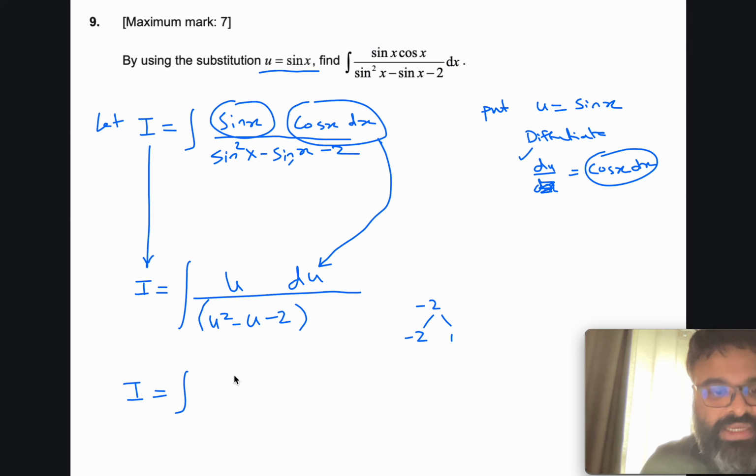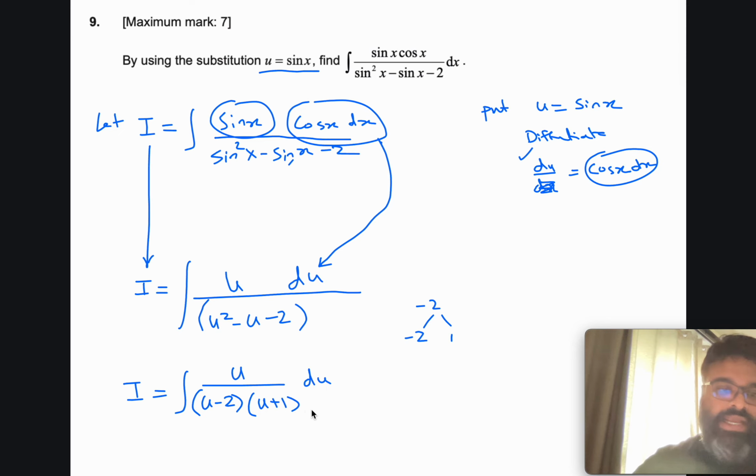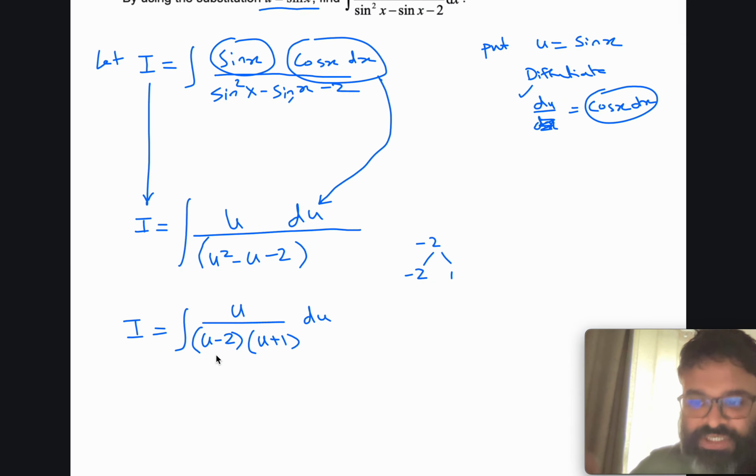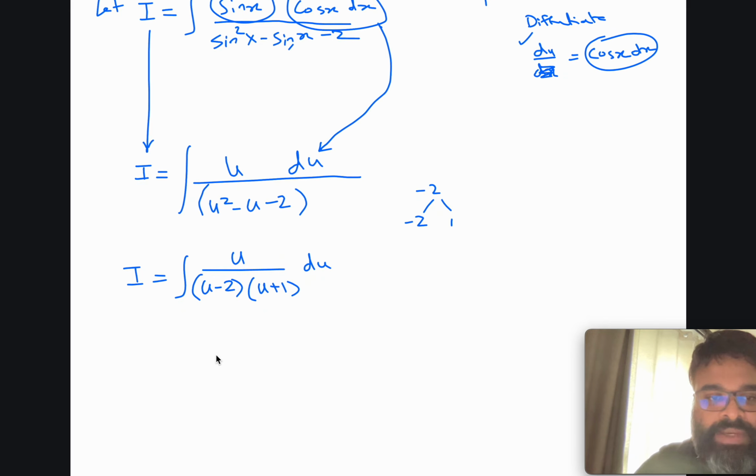So you get integral I equal to u over u minus 2 times u plus 1 du. And when you get a product of roots like that in the denominator, it is always partial fraction expansion. So let us do the partial fraction expansion real quick.